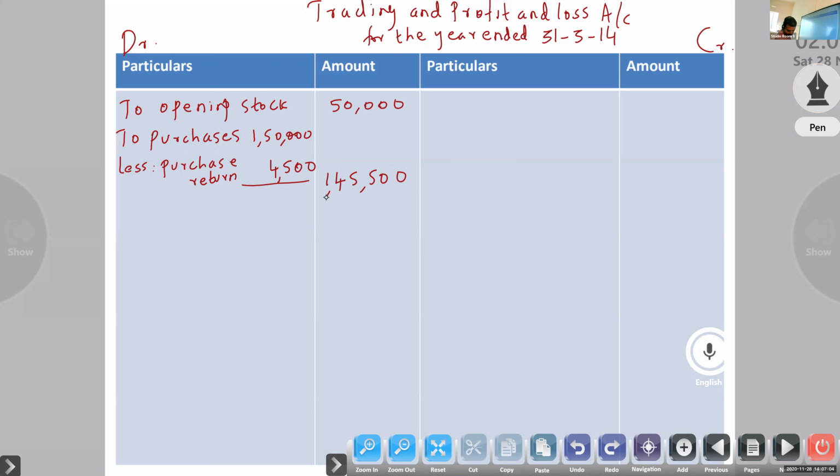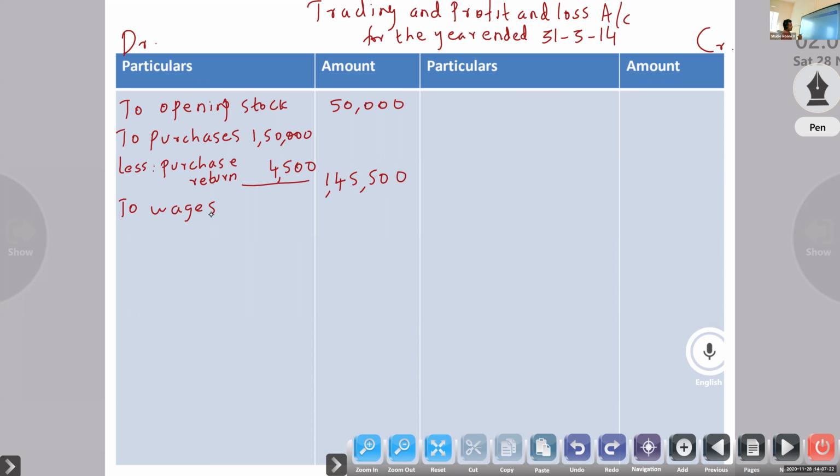The next is wages. First wages, outstanding is there. Then we will write carriage inward. Wages is there, so you have to look for any adjustment.